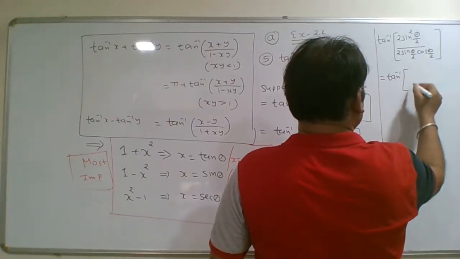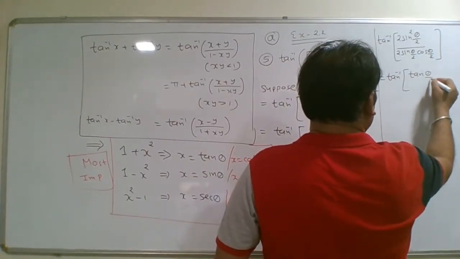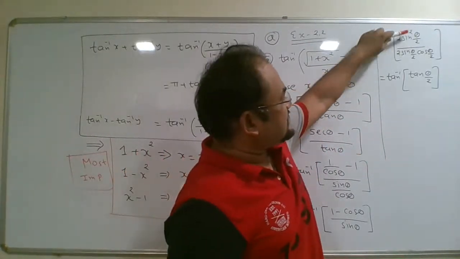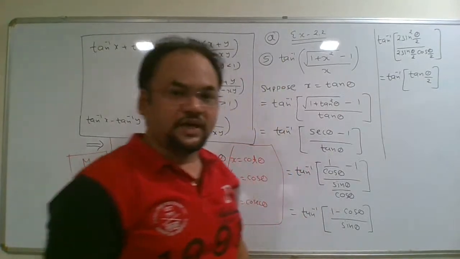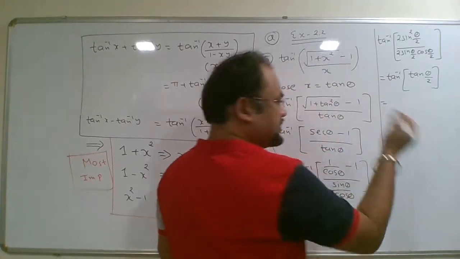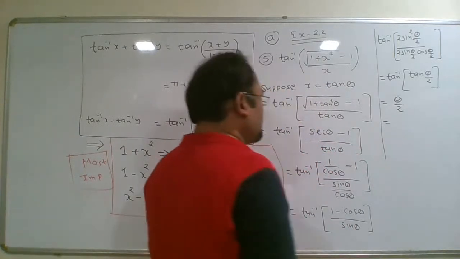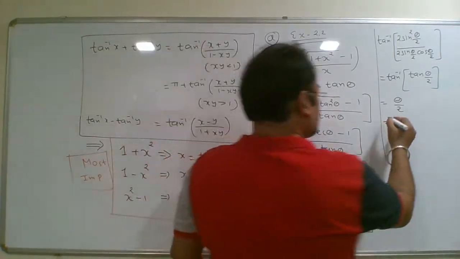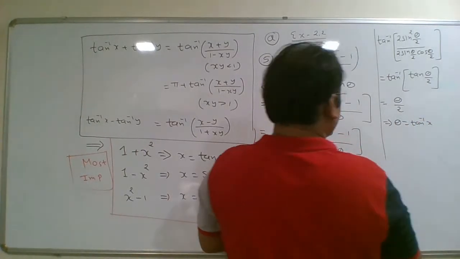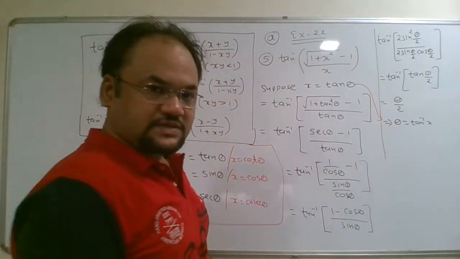So now simplification is what? 2 cancels, sine cancels, sine theta by 2 upon cos theta by 2, which is tan theta by 2. Tan inverse of tan theta by 2. Both are inverse of each other. So it is theta by 2. And what is theta? x equal to tan theta, so theta equals tan inverse x.